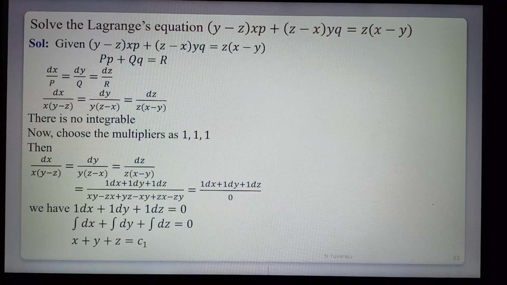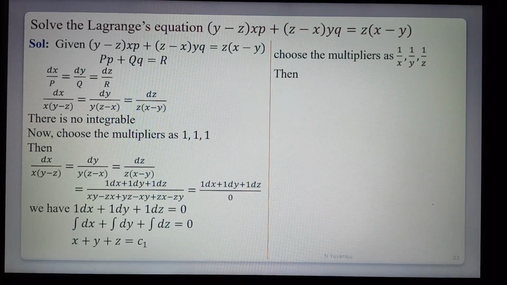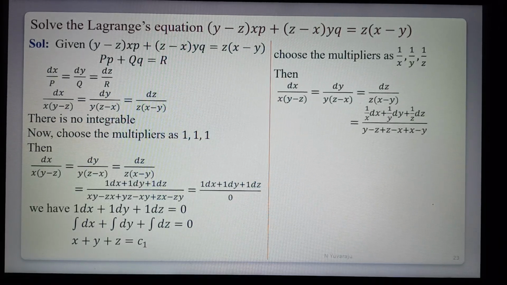Choosing the second multipliers, clearly 1 by x, 1 by y, 1 by z. The x, y, z cancel: in the first set x, second set y, third set z is cancelled. The given auxiliary equation can be written as 1 by x dx plus 1 by y dy plus 1 by z dz over (y minus z) plus (z minus x) plus (x minus y).